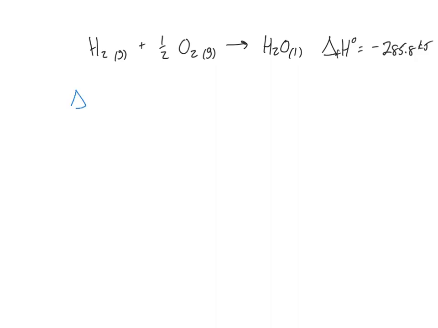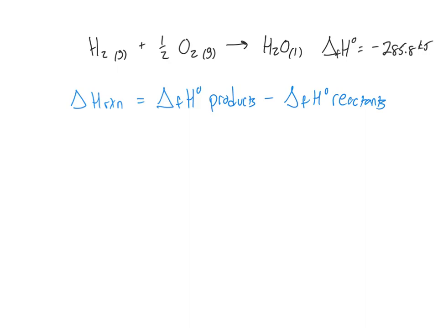We also looked at how we can find the energy involved in reactions by subtracting the enthalpy of formation of our reactants from the enthalpies of formation of our products. And this would get us to delta H values that we've seen and used in thermochemical equations.